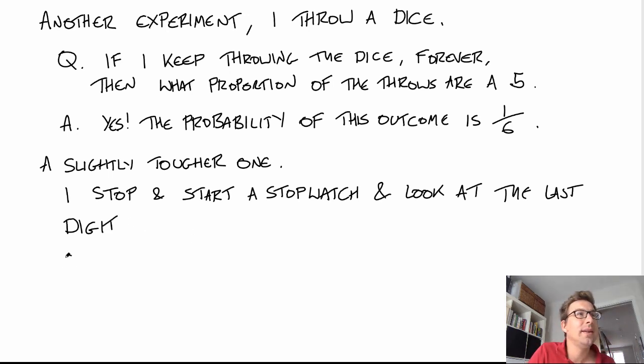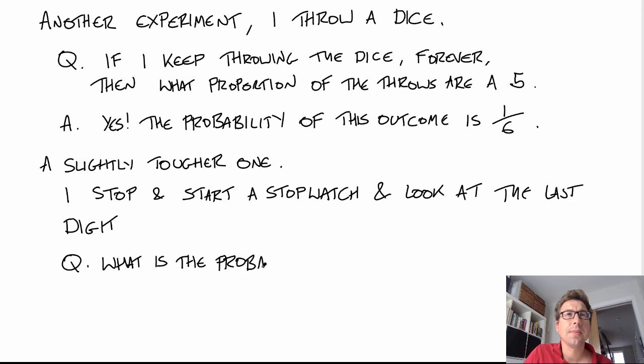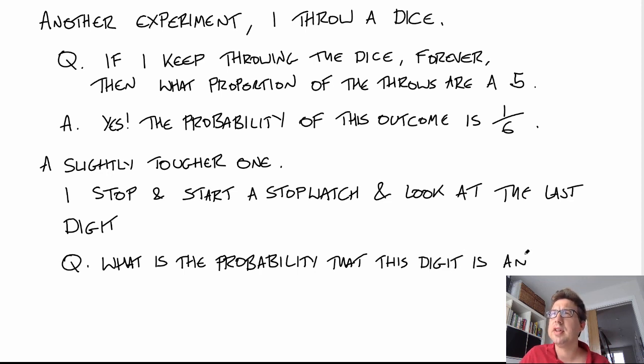So I ask the question, what is the probability, meaning what is the long run proportion of time that I expect to see, in this case, an even number? So what is the probability that this digit is an even number?